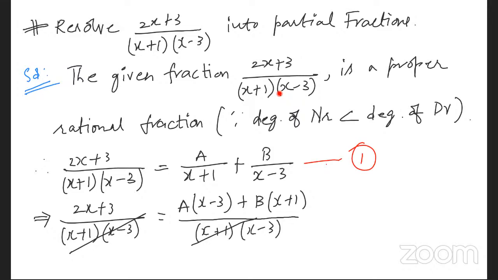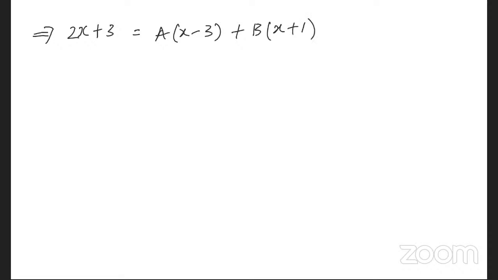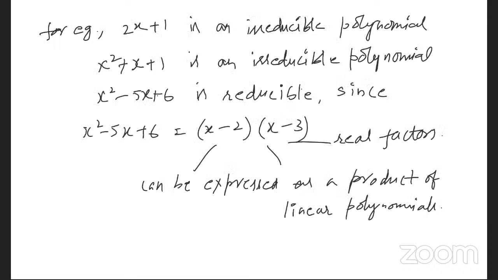So what is the next step going to be? 2x + 3 is equal to A(x - 3) + B(x + 1).